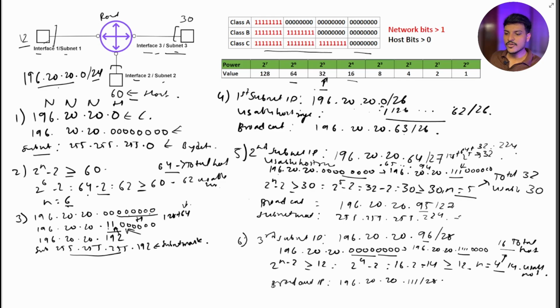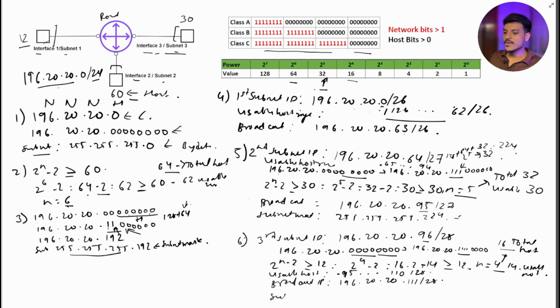So it will be our broadcast IP. Now what will be our usable host range? It will be the IPs between this 96 and this 111. So it will start from .95 and go till 110/28. So this will be the usable host range.